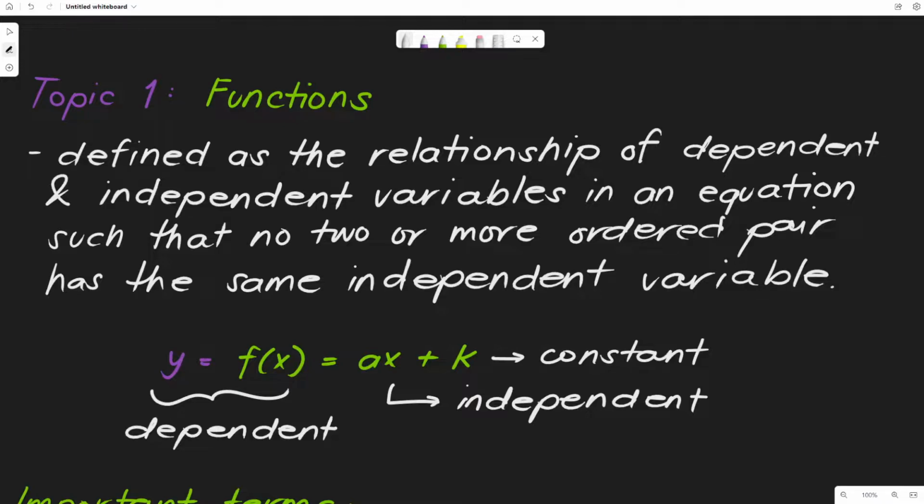Going back to your senior high school or junior high school days, a relation is simply the equation of independent and dependent variables, and we have several kinds of relations: one-to-one, one-to-many, many-to-one, and many-to-many. In order for a relation to be classified as a function, it must satisfy the condition that no two or more ordered pairs have the same independent variable.